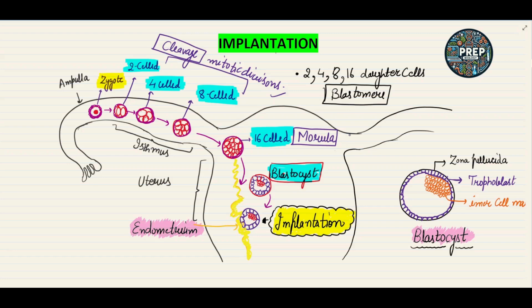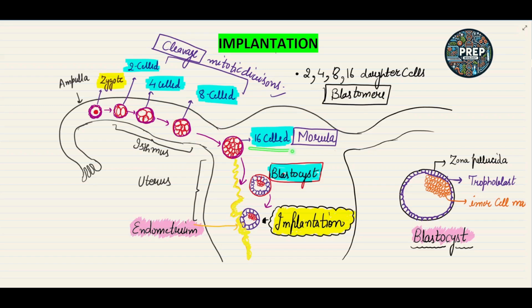That is important. Blastomere is important, morula is important. Now the zygote moves towards the uterus of the female reproductive system through the isthmus. So all these cleavages occur in the isthmus part.